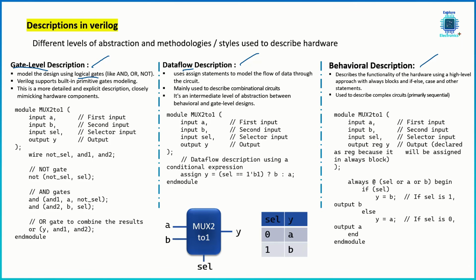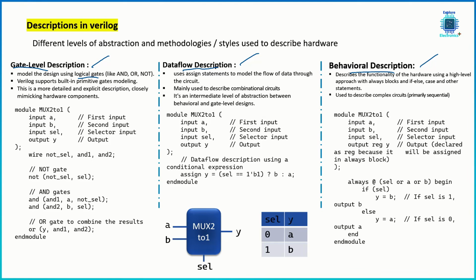Data flow description uses expressions which give the functionality of the design we are going to write. And in the behavioral description, we write the code in terms of different constructs of Verilog which give us the behavior of the design directly.